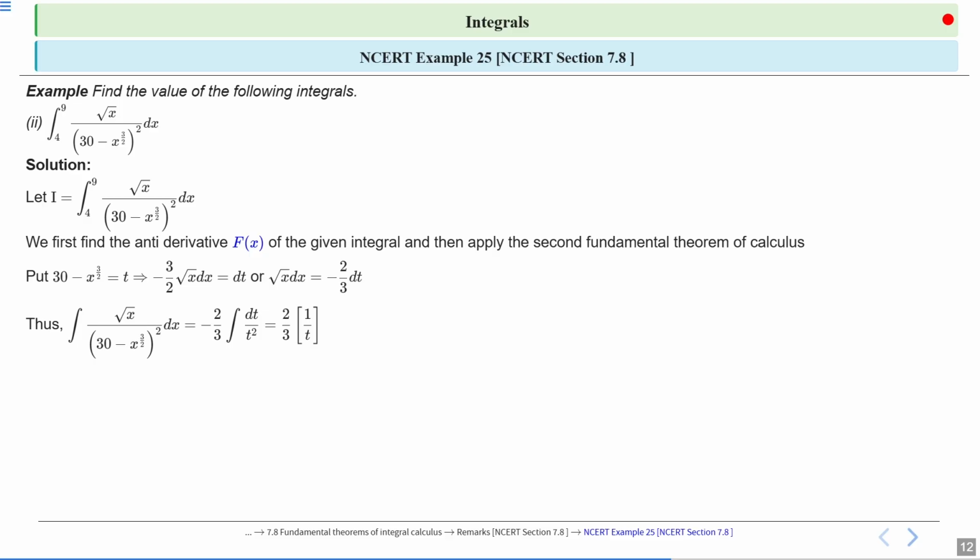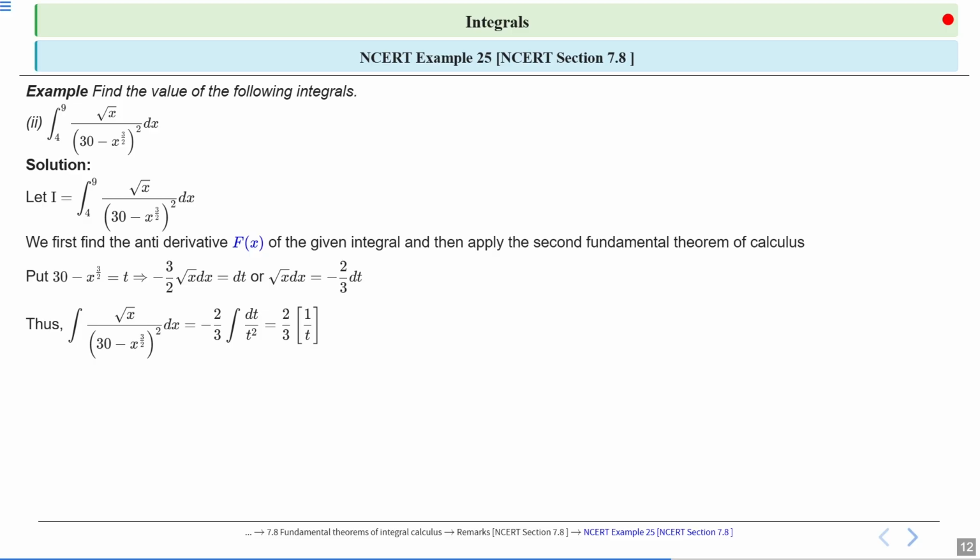Now we have to integrate dt by t square, that is integration of t to the power minus 2 dt, and integration of x^n is x to the power n plus 1 by n plus 1, and here the value of n is minus 2.